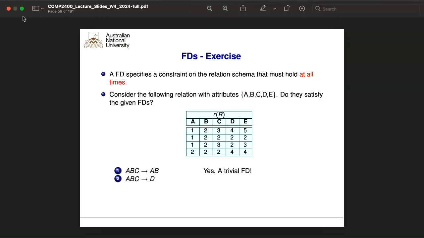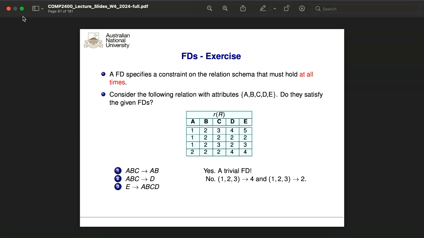How about A, B, C determines D? Yes, very good. The second and third tuples together violate this functional dependency. How about another one?